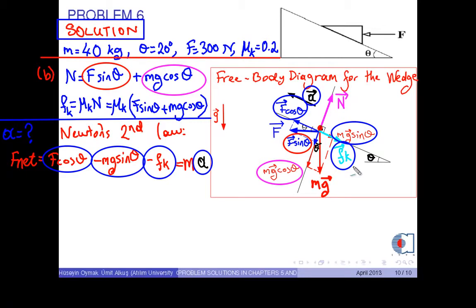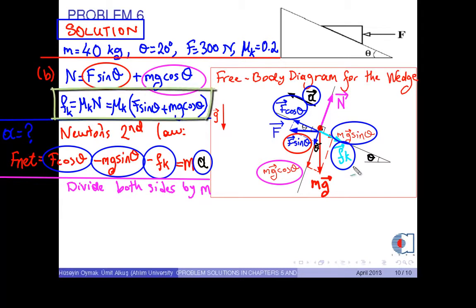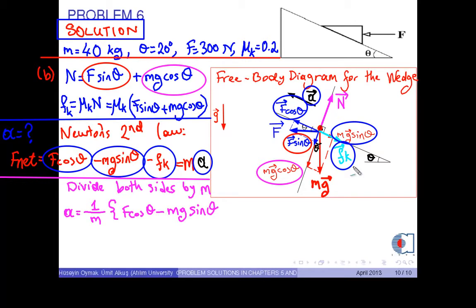We divide both sides by m and put the expression for Fk in this result. Then we obtain a equals 1 over m times F times cosine theta minus m times g times sine theta minus mu k times F times sine theta plus m times g times cosine theta.